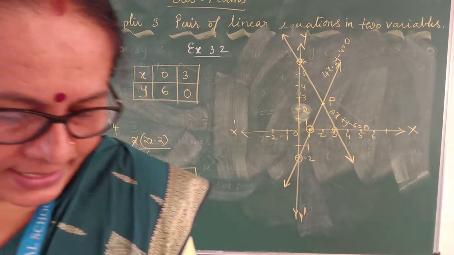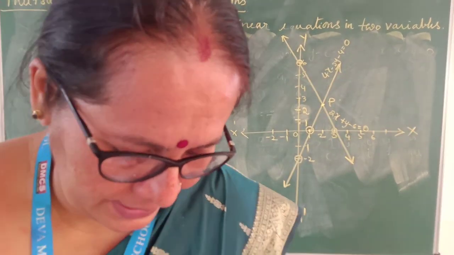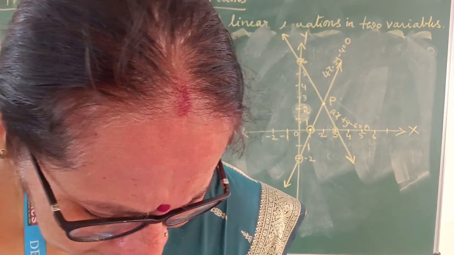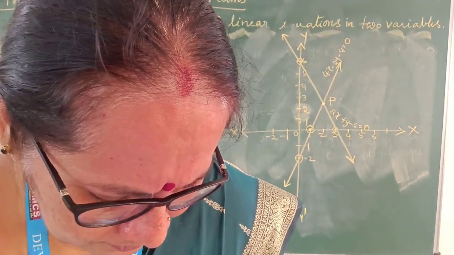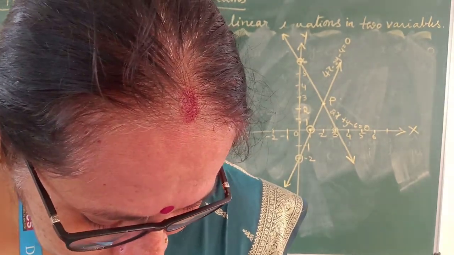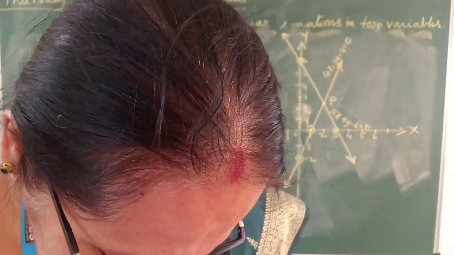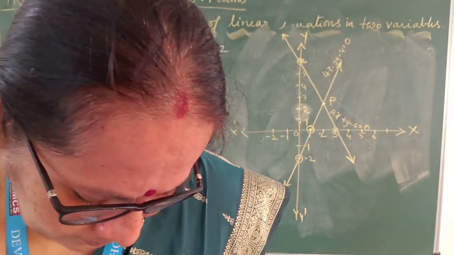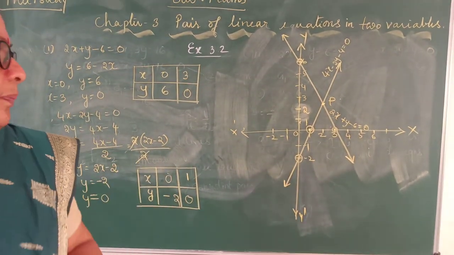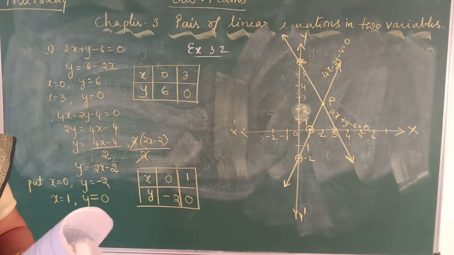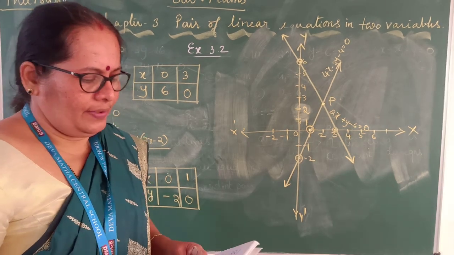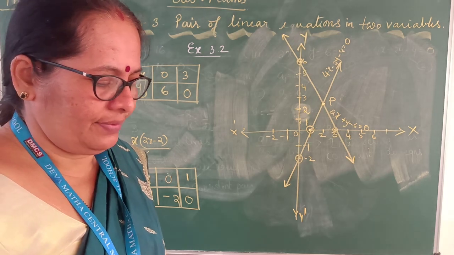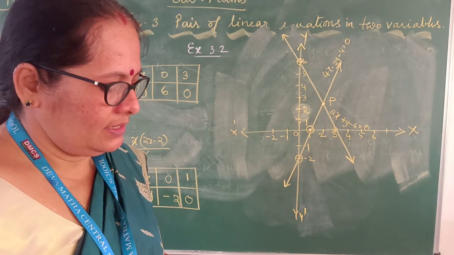Now, next one, exercise 3.2, the fifth sum. Half the perimeter of a rectangular garden whose length is 4 meter more than its width is 36 meter.